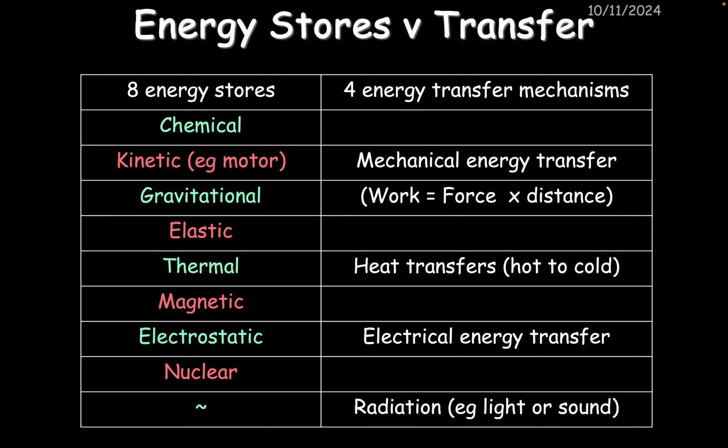So the 8 energy stores are chemical, kinetic, gravitational, elastic, thermal, magnetic, electrostatic and nuclear. Whereas in the old system you could always also have light, heat, and sound, for example.